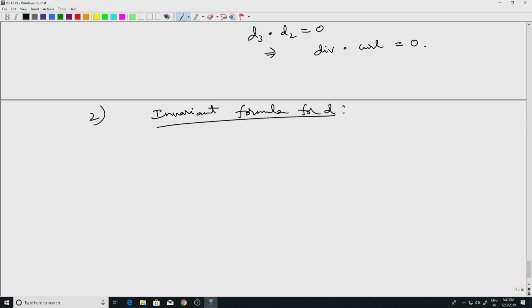So if I start with omega in capital Omega k of M, I'll state it as a proposition.